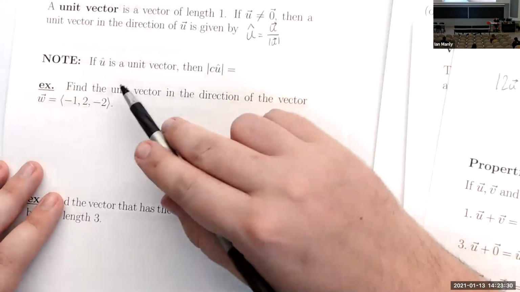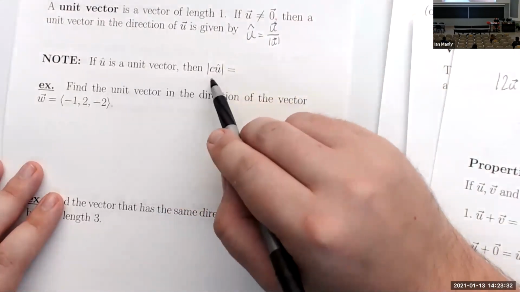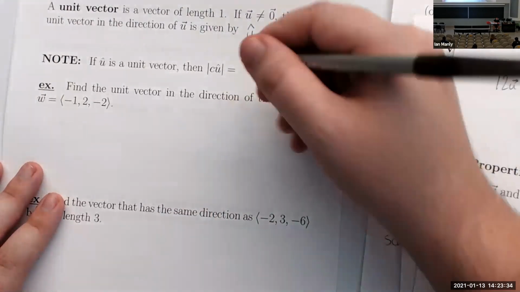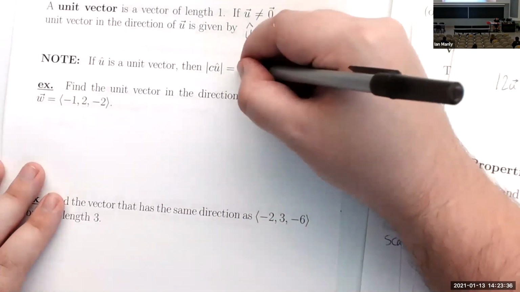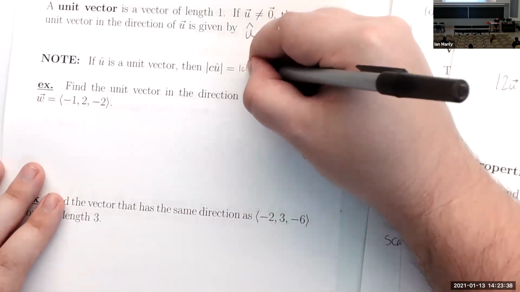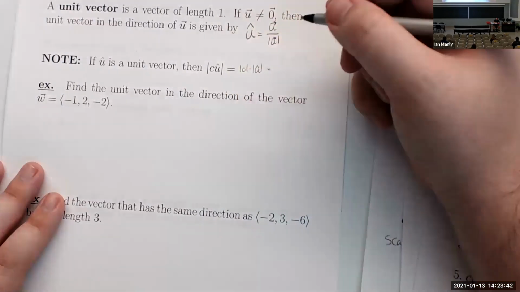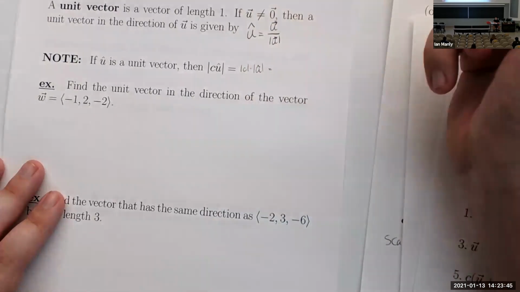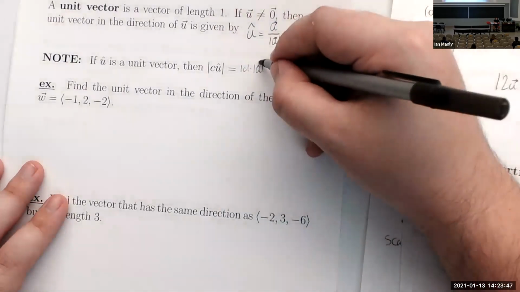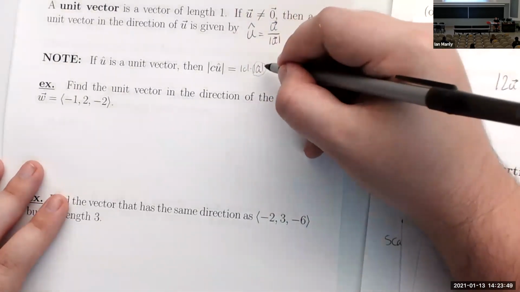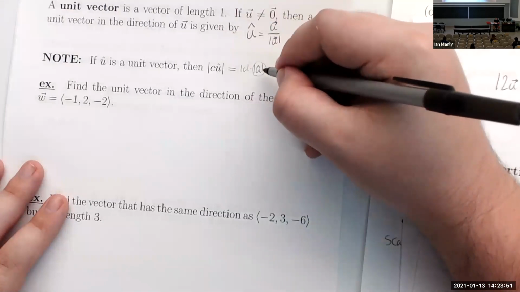All right, now if u is a unit vector, then the absolute value of c times u, what's that going to be? Well, that's going to be the absolute value of c times the magnitude of u hat. But remember, since u hat is a unit vector, what number is this going to be right here? 1, that's right.